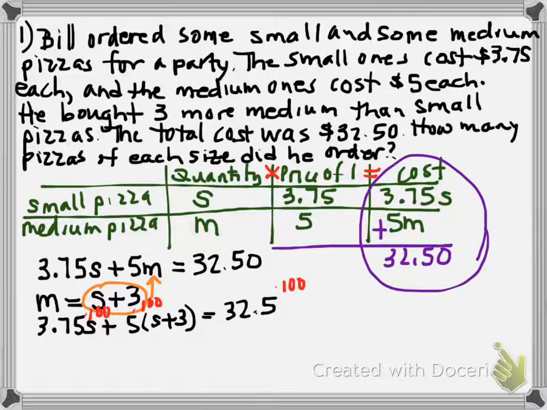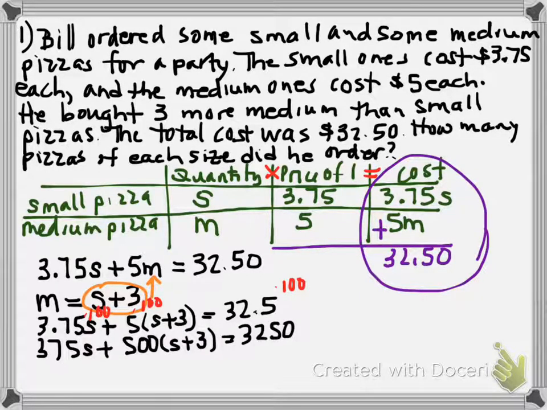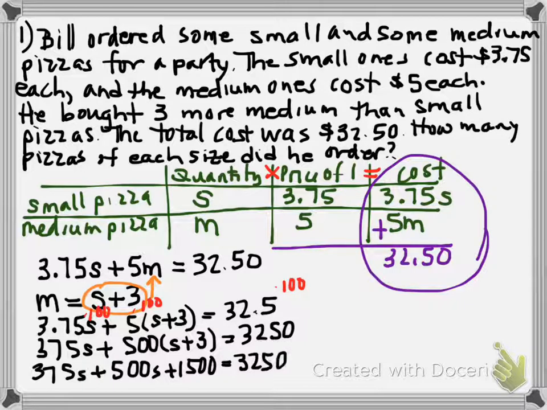So now my equation is 375S plus 500 times the quantity S plus 3 equals 3,250. So I distribute and I get 375S plus 500S plus 1,500 equals 3,250.